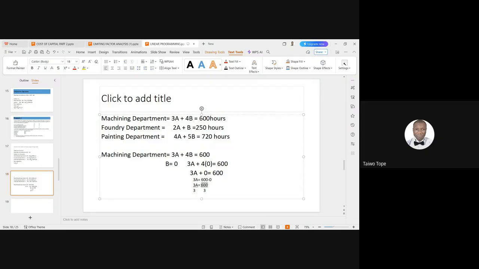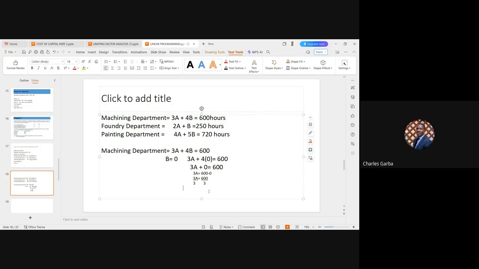When 3 cancels 3, A will be equal to 200. So you have the value of A now. Let me just write it: when B is equal to 0, A is equal to 200.